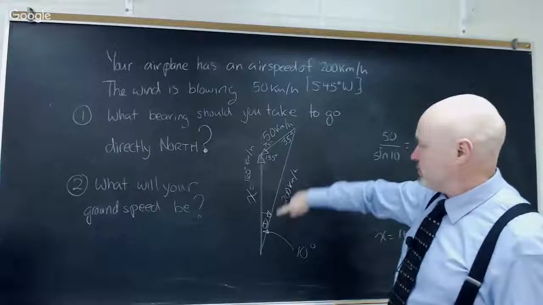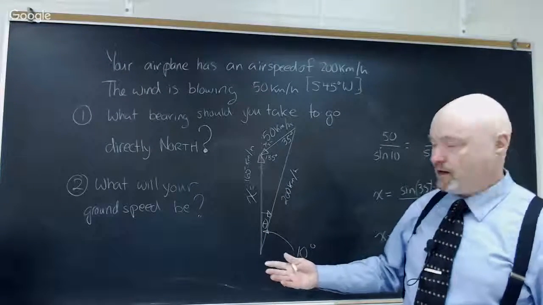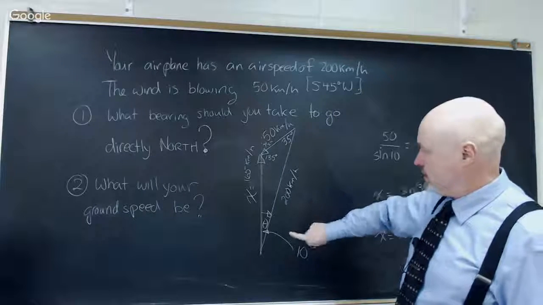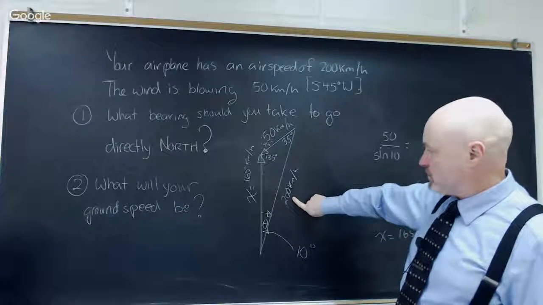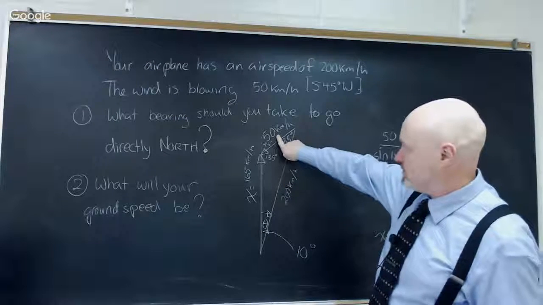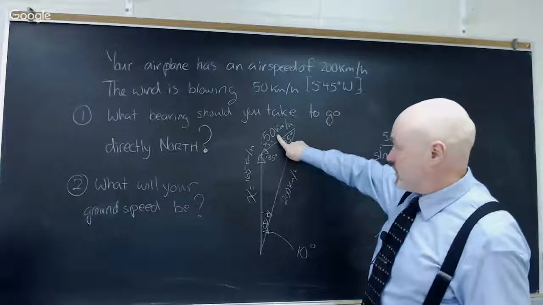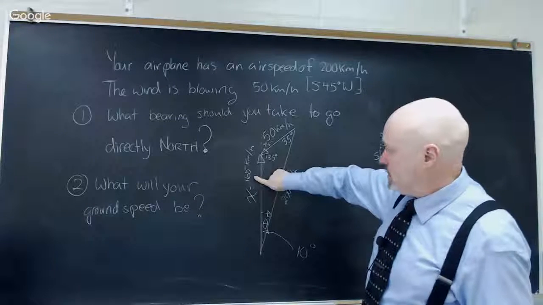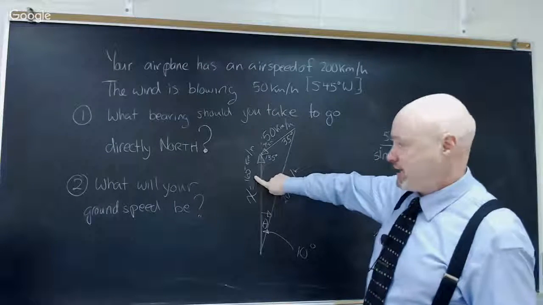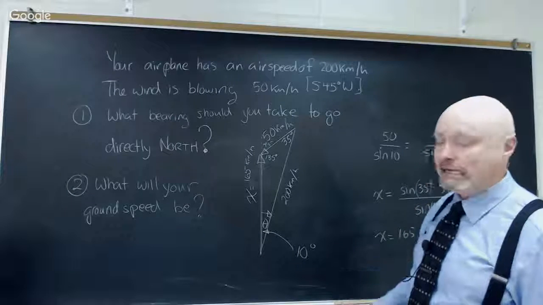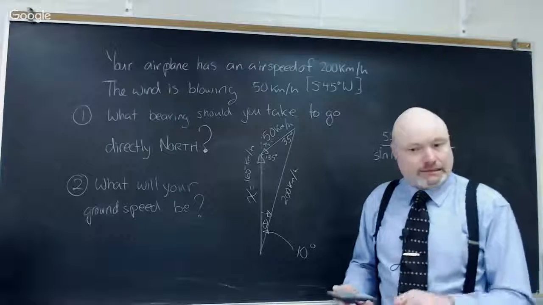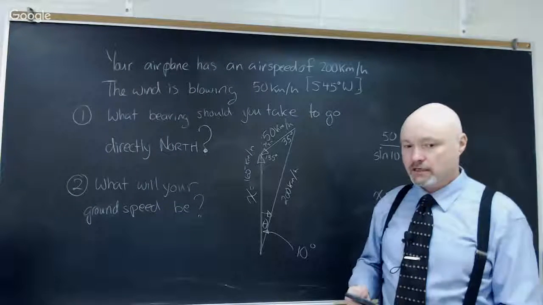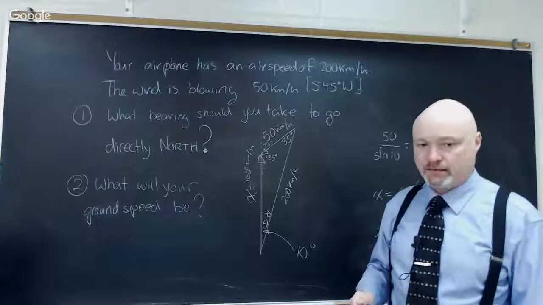So, if this airplane was traveling for 2 hours, for example, this would be a 400-kilometer side. This would be a 50-kilometer side. Sorry, this would be a 100-kilometer side, and this would be a 330-kilometer side. Because it's just kilometers per hour, so you'd multiply it by the hours and the units would cancel.